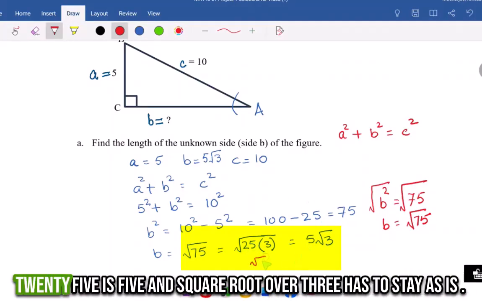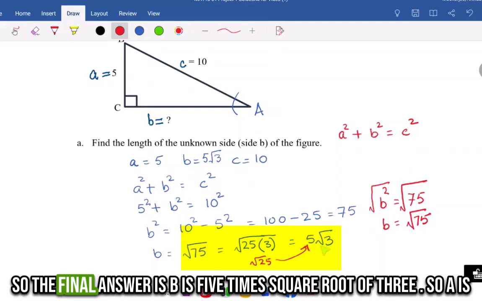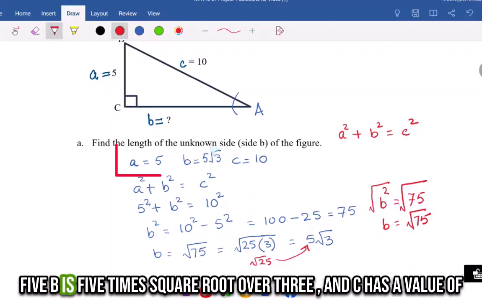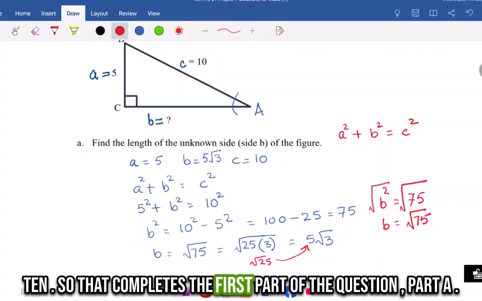Square root of 25 is 5, and square root of 3 has to stay as is. So the final answer is B is 5 times square root of 3. So A is 5, B is 5 times square root of 3, and C has a value of 10. So that completes the first part of the question, part A.